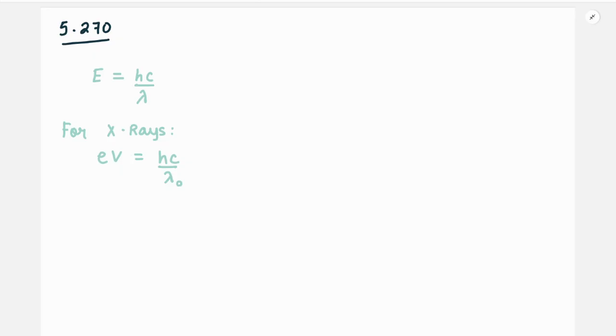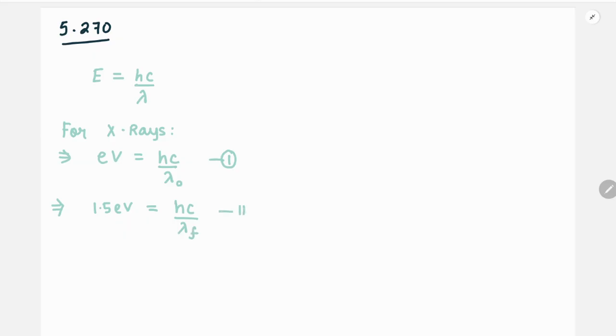Now the question is stating when there is a change, the value of voltage is increased to 1.5 times. So 1.5 times eV. So this is case 1, equation number 1 that we have. And in this second scenario, if we increase this value to 1.5 times, this will become hc by lambda final.